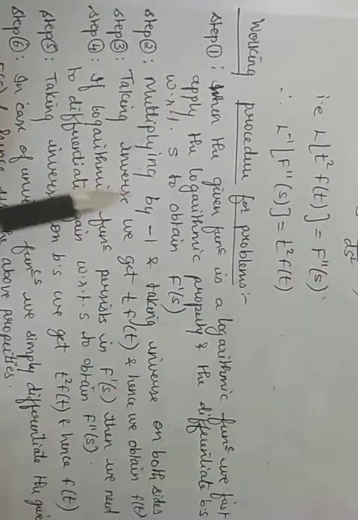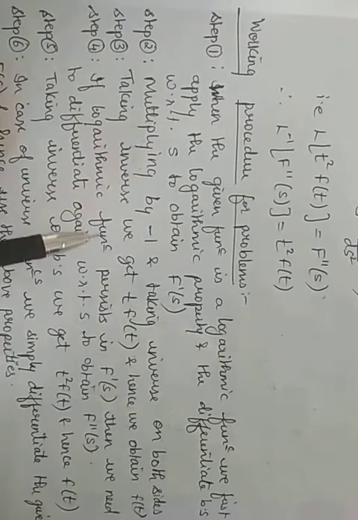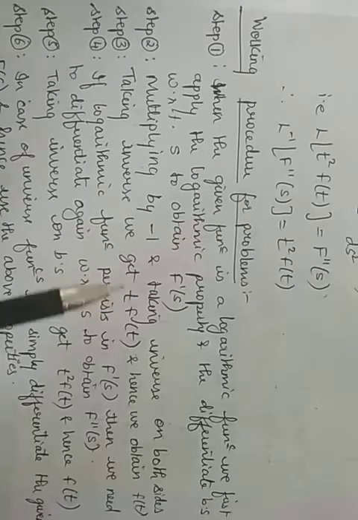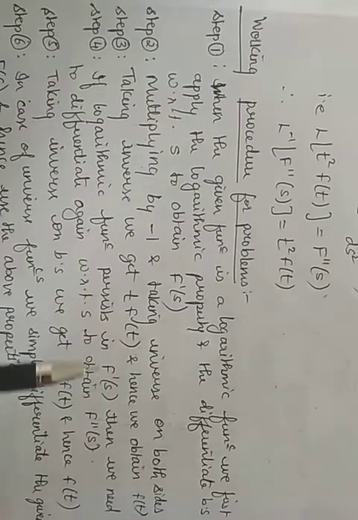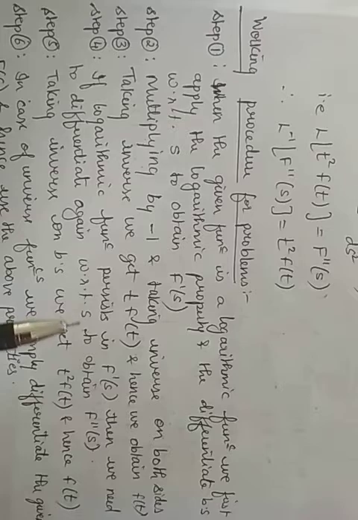Suppose, after differentiating, the function again has a log function, then this procedure should continue, that is, differentiation should continue till the log function goes. If the log function remains once you differentiate, that is, in f dash of s the answer comes in terms of log, then again we have to differentiate it with respect to s, which will give you f double dash of s.